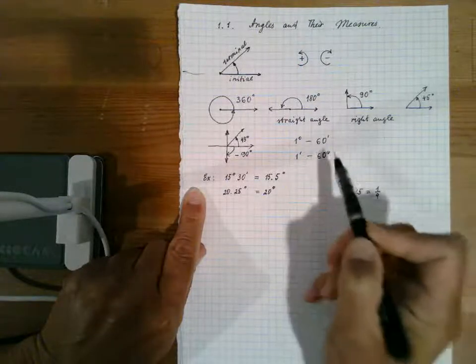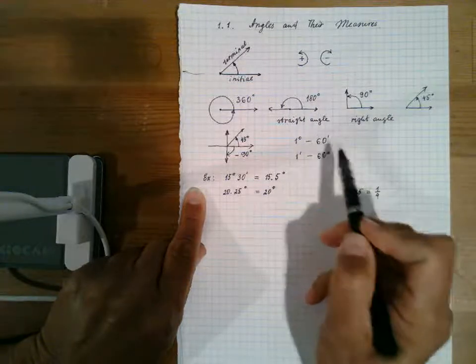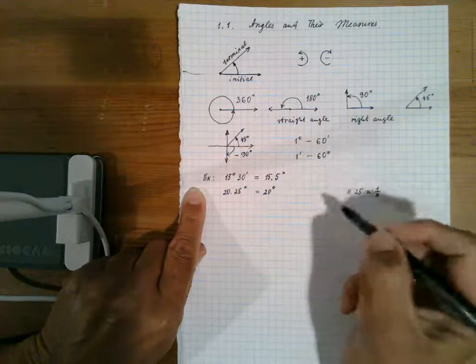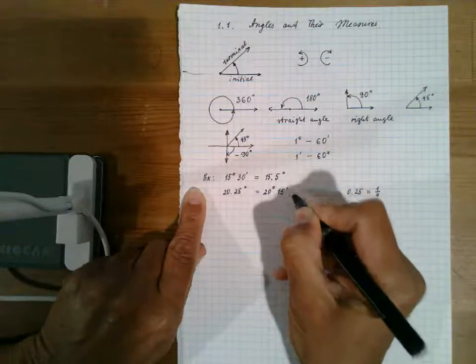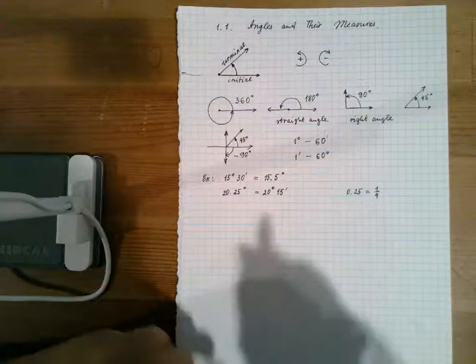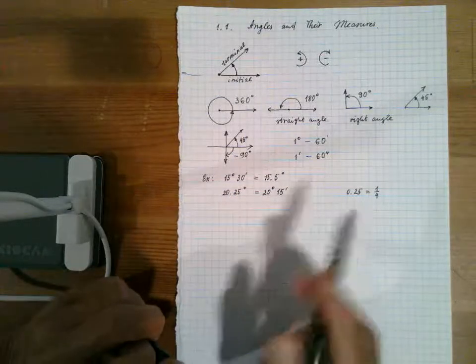So what is 1/4 of 1 degree? 1 degree is 60 minutes. For 1/4 of 1 degree, we take 60 divided by 4. We are going to get 15. So it's 15 minutes.